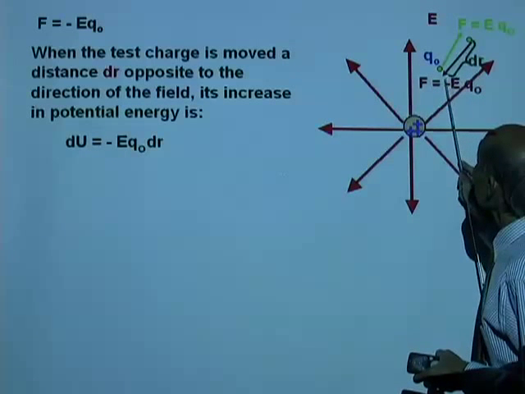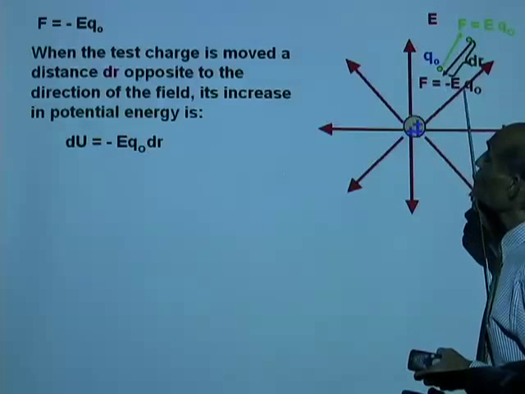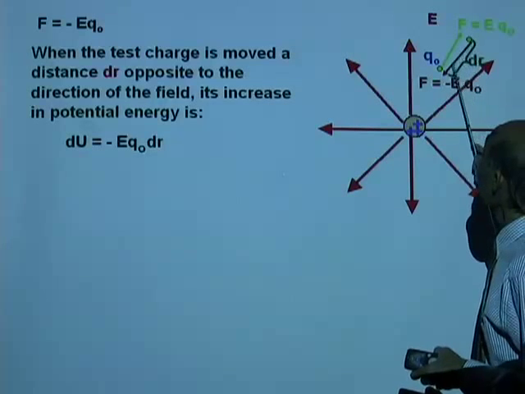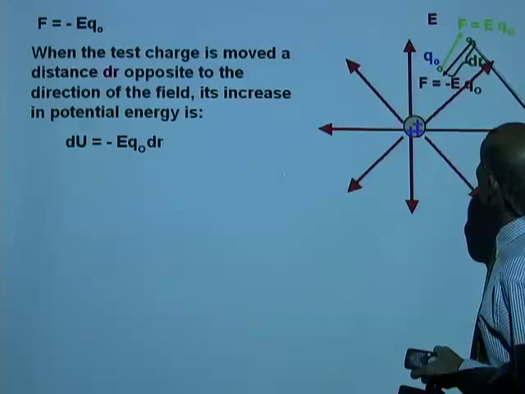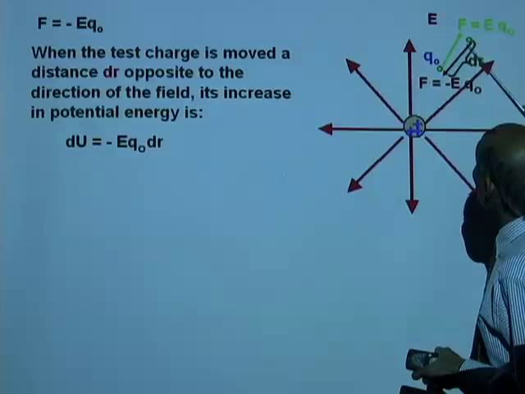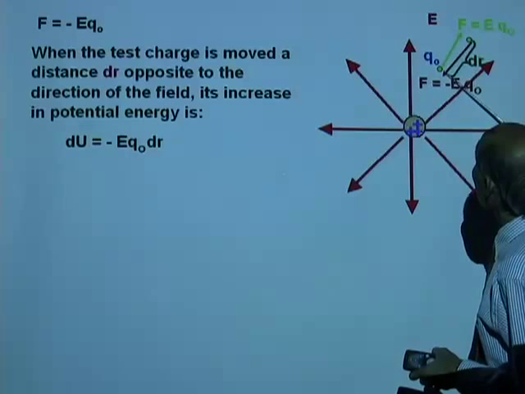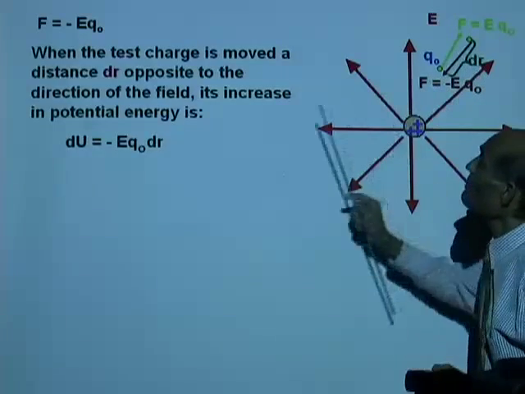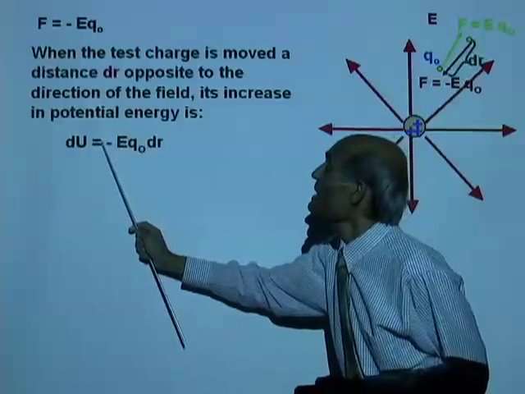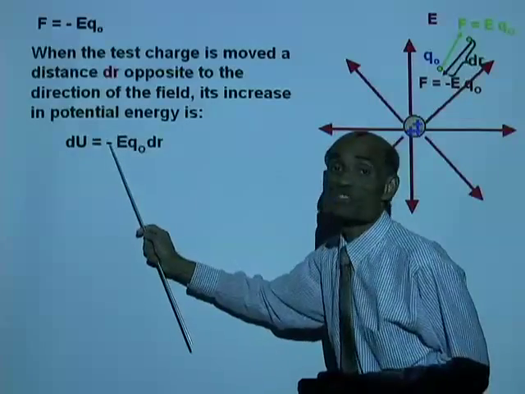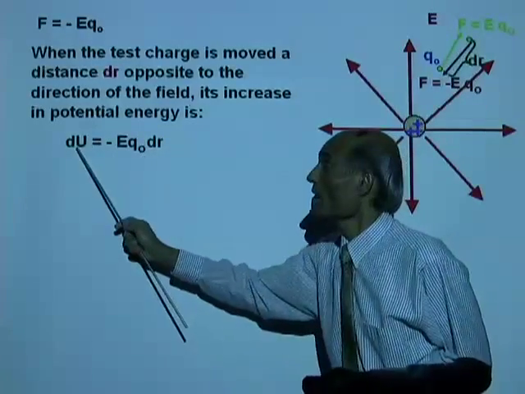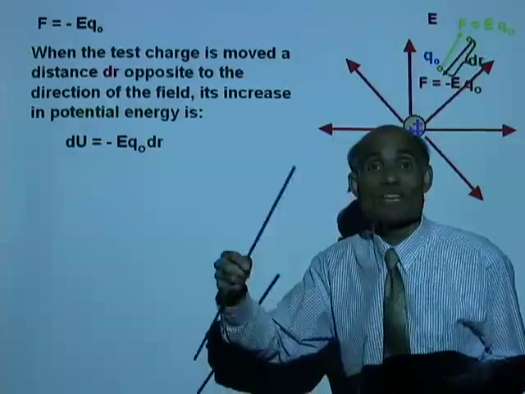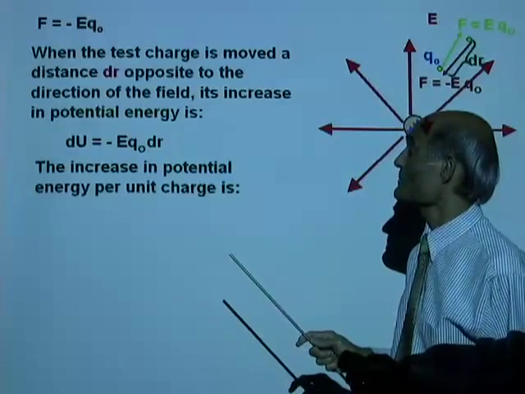And the force is negative EQ0. So the work done to move this test charge Q0 through a distance dr will be F times dr. That will be negative EQ0 times dr. And that is a measure of the increase in potential energy.